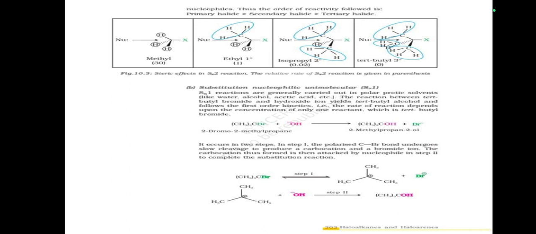It occurs in two steps. Step 1: the polarized carbon-bromine bond undergoes slow cleavage to produce a carbocation and bromide ion. The carbocation thus formed is then attacked by the nucleophile in step 2 to complete the substitution reaction.